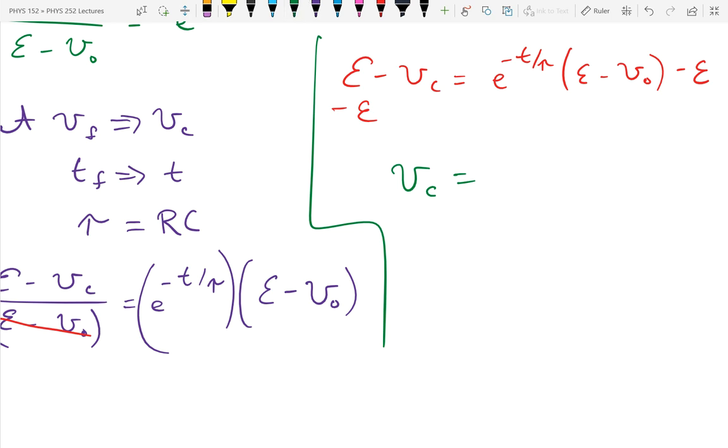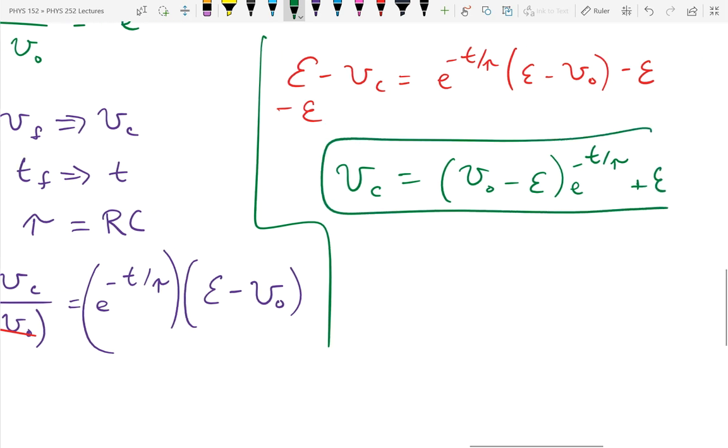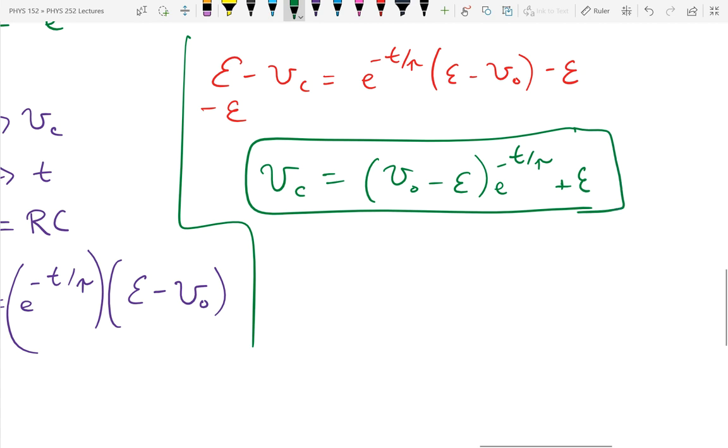I'm actually going to leave it at the end. Because I'm multiplying by -1 in this parenthesis, I'm going to have, there's the equation for the voltage across the capacitor while it is charging.